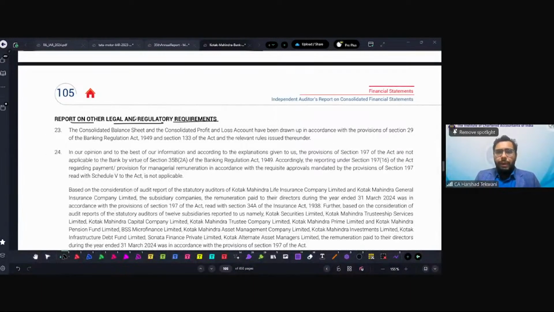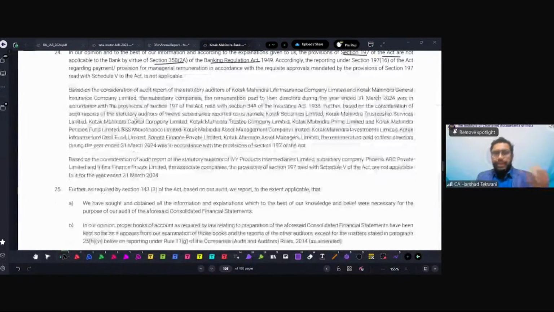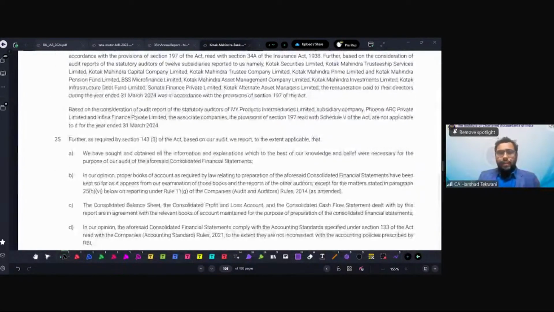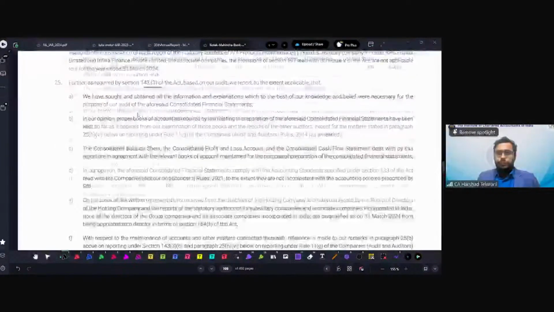So they are talking about Banking Regulation Act, Section 133 of the Companies Act and Section 29 of the Banking Regulation Act. Again, they are talking about Section 197 of the Companies Act and 35B2A of the Banking Regulation Act with respect to the payments and provision of managerial remuneration. Then there is something more, and then they are talking about 143.3.